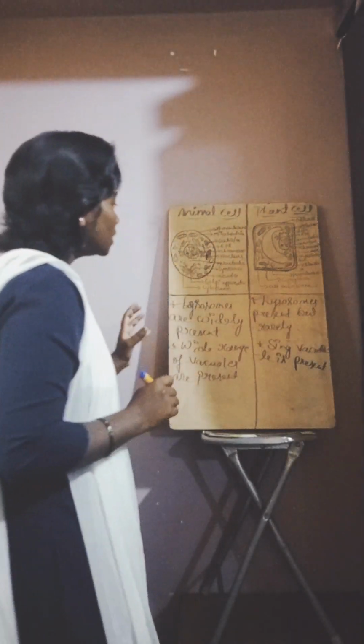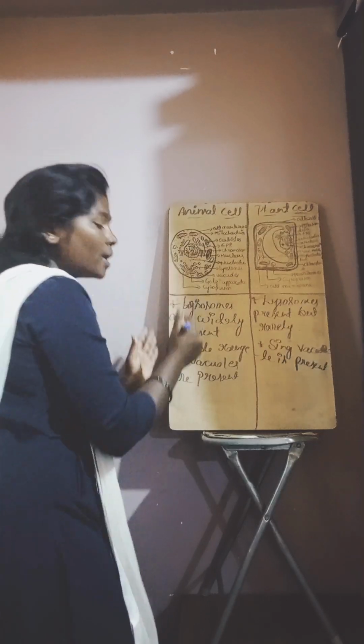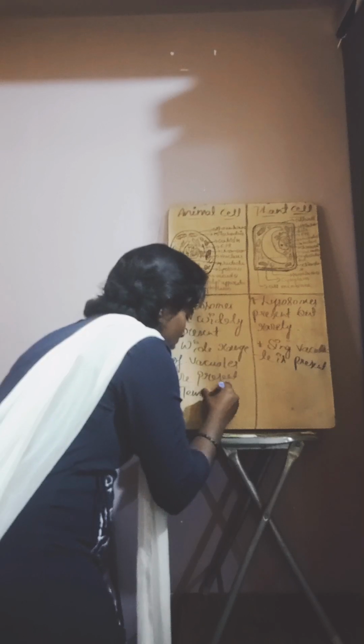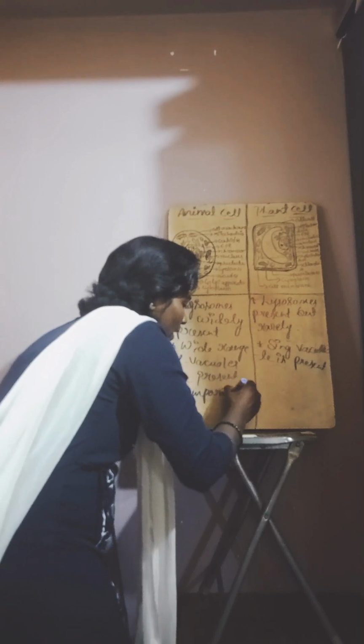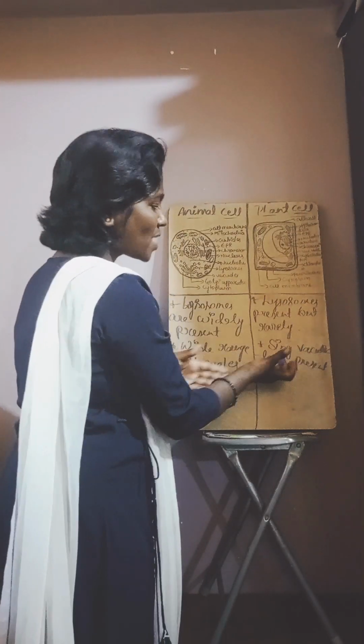In the animal cells, the vacuoles are temporary. Temporary vacuoles are present. And in plant cells only a single vacuole is present, that is a permanent vacuole.